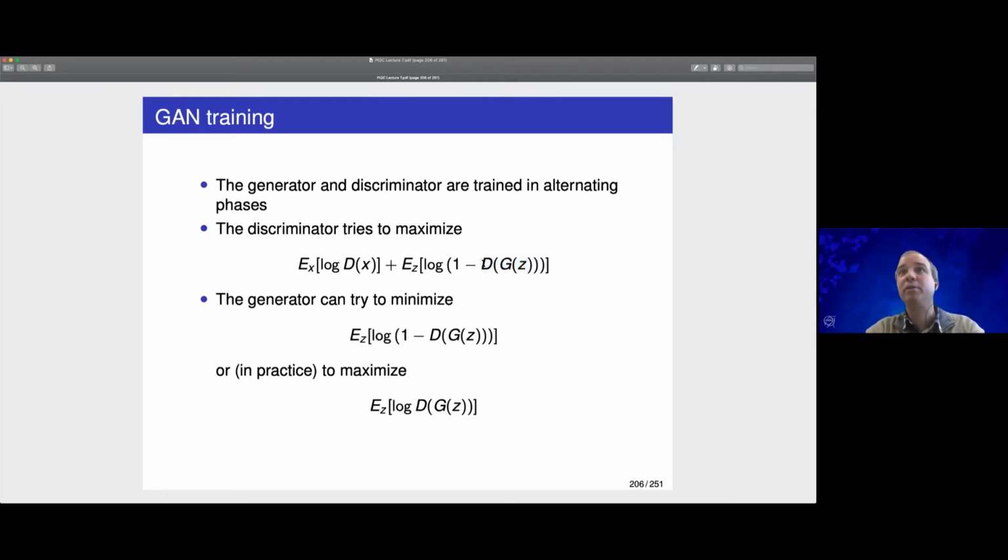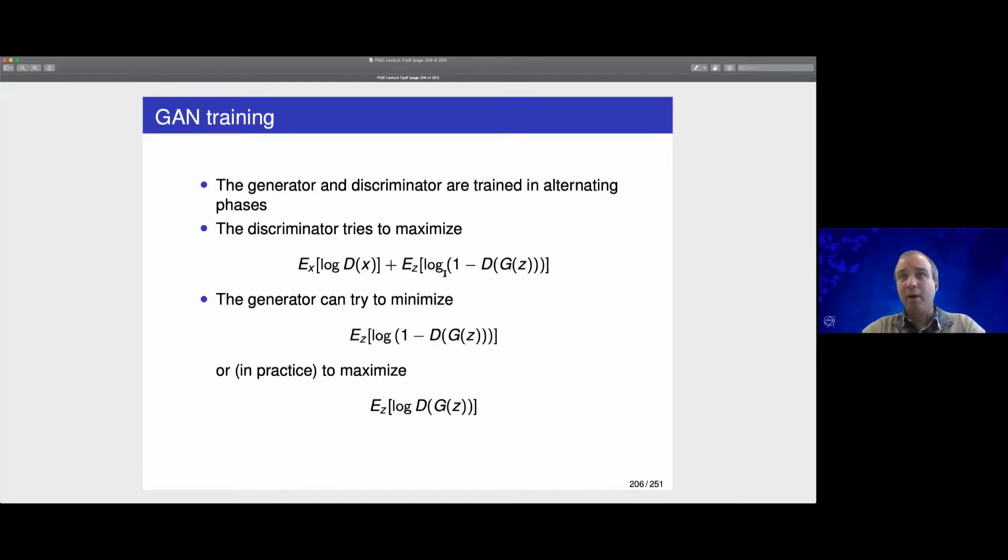So D is going to output 0 for the data that comes from the generator. For the generator it is the other way around. The generator tries to fool the discriminator, so we want this to be minimized. We want this output of the discriminator on the input generated by the generator to be close to 1, so this is going to be minimized.